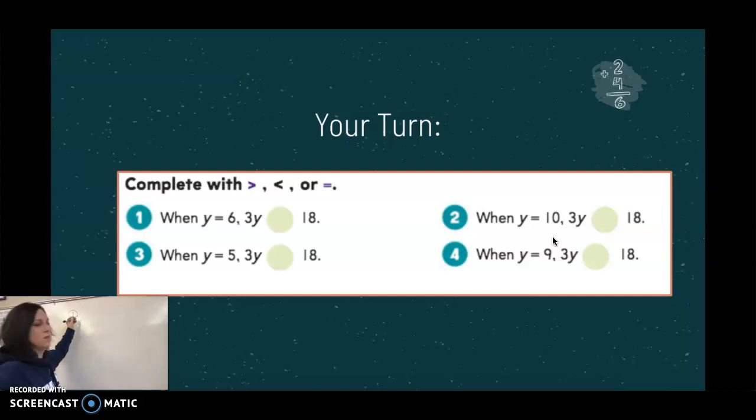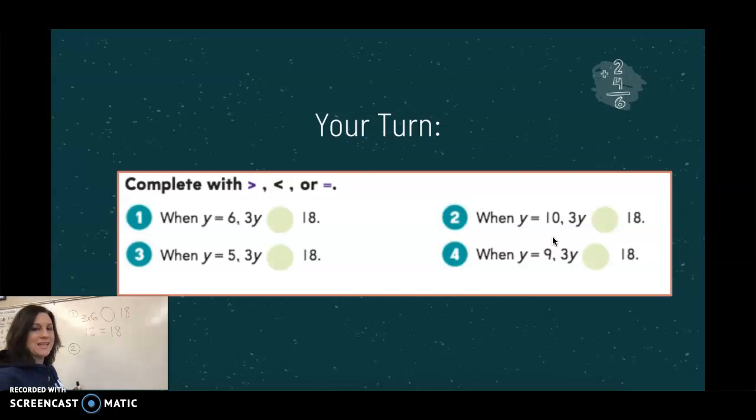Okay, so we know that we've got 3 times, because 3y, 6 is what to 18? Well, 3 times 6 is 18, isn't it? So then it's going to be 18 is equal to 18. Perfect. That's your answer. All right, number 2.